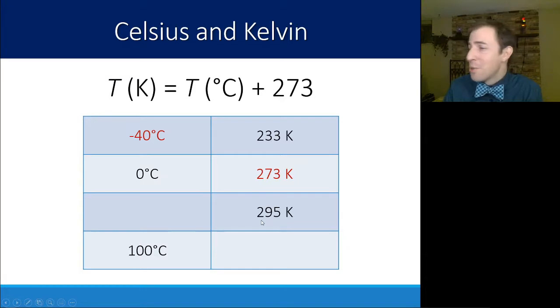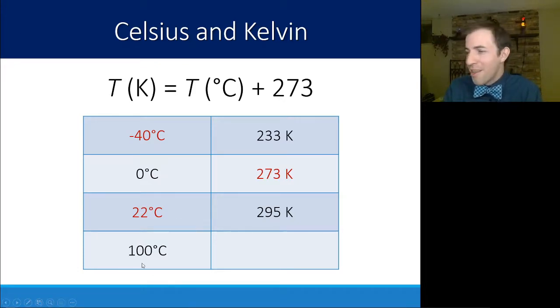With that in mind, 295 Kelvin is what in Celsius? Taking this equation in mind, 295 minus 273, you end up with 22 degrees Celsius. That's about room temperature, which is almost 300 Kelvin.